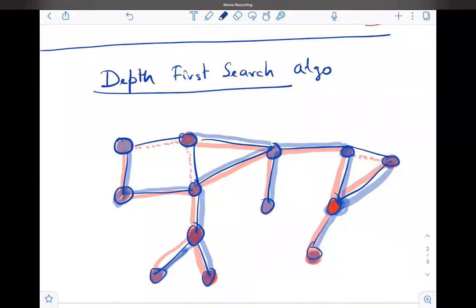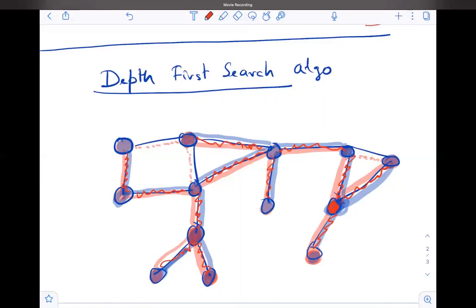Now note that there is one interesting thing. Look at the edges that have been traversed or that have been used to find something new. Which were they? Maybe I will use this one. So there, this one, then this one, this one, this one, this one, this one.